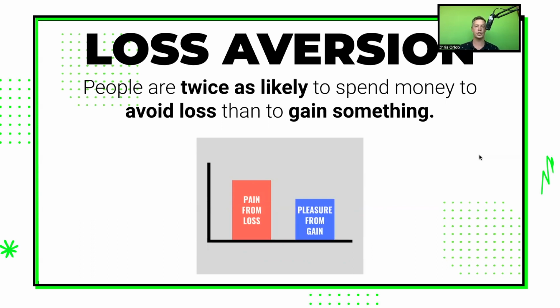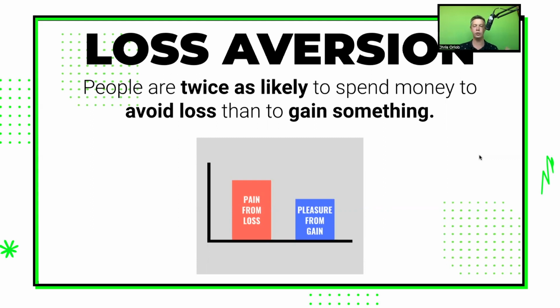What loss aversion means is that people are more or less twice as likely to spend money to avoid loss than they are to gain something. Another way to say this, in a more accurate way that Daniel Kahneman talks about it, is the pain from losing something is twice as intense as the pleasure from gaining the equivalent thing.